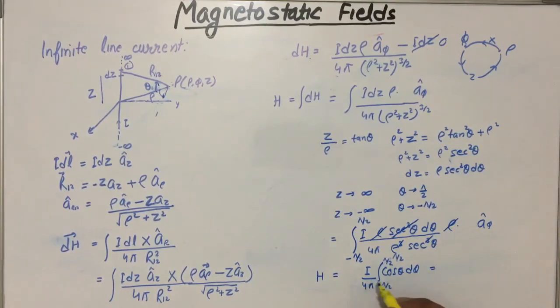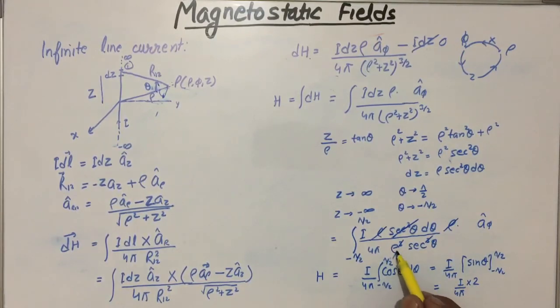After further simplification, I by 4 pi cos theta, integration will give you sin theta, and theta will vary from minus pi by 2 to pi by 2. After this you can get I by 4 pi. Sin pi by 2 will be 1, minus minus 1, so you will get 2 here.